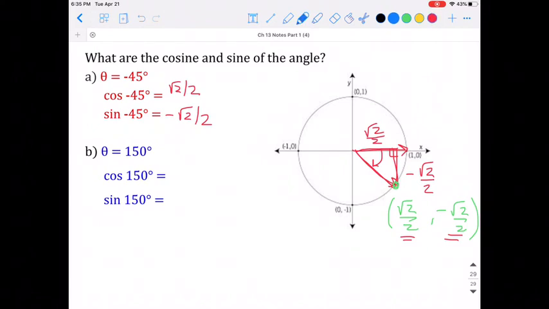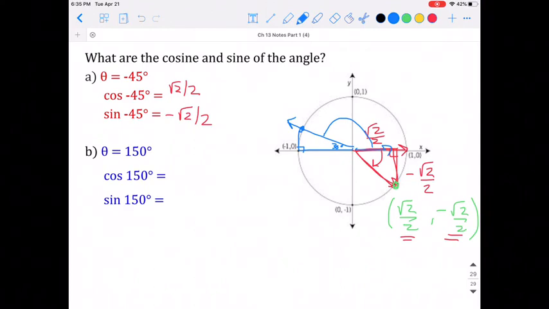And for b, we have theta of 150. From our initial side, it's positive, so we're moving in the counterclockwise direction all the way over here, and our angle is going to be here. This angle is going to form a 30, 60, 90 triangle.